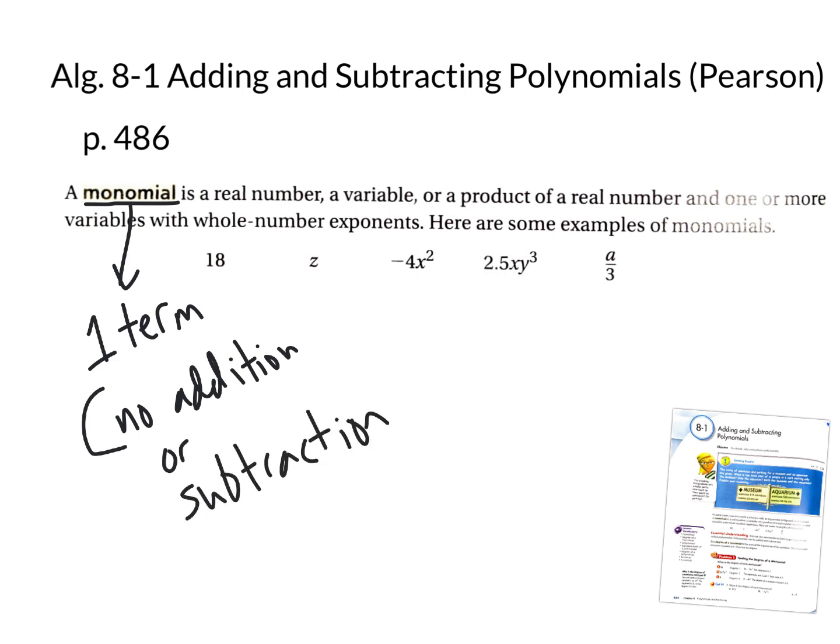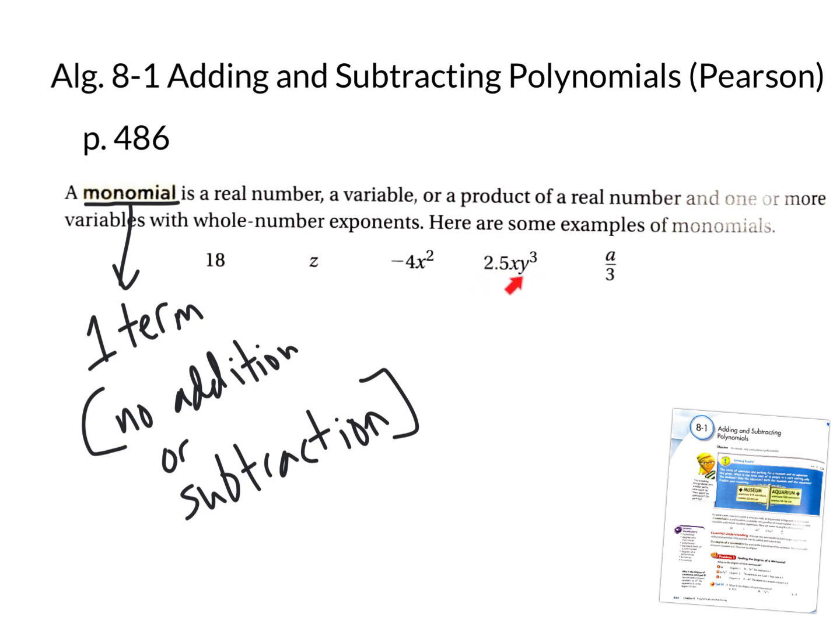So 18, just a constant like that, is a monomial, just one term. Z, if you have just a variable, that's a monomial, one term. Negative 4x squared, we've got a coefficient next to that, but that's also just one term. We could even have something like 2.5xy cubed.